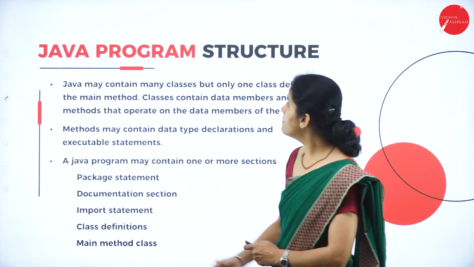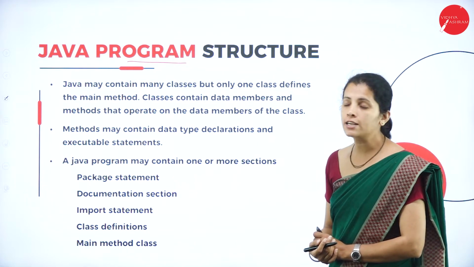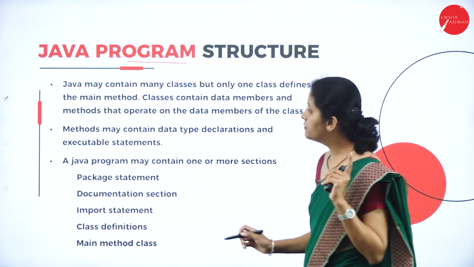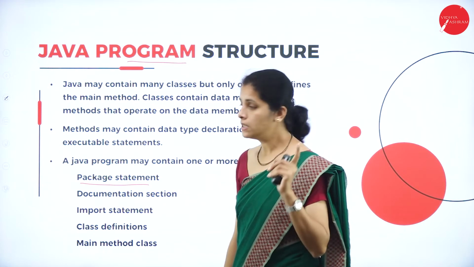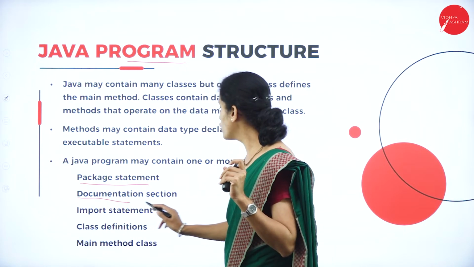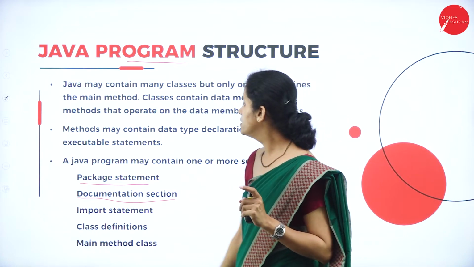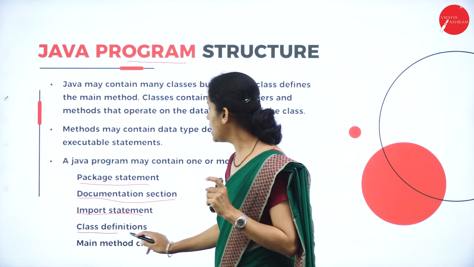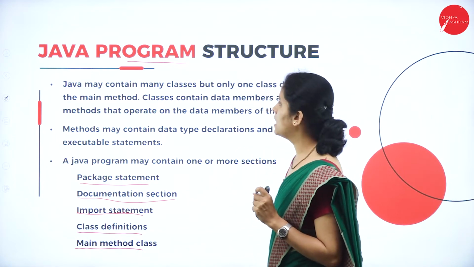Now I have the Java program structure. What is the structure of a Java program? First I have the package statement, then I have the documentation section, then I have the import statement, then I have the class definition and the main method class.